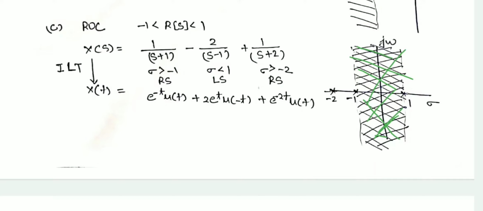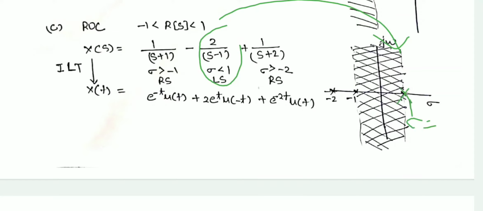When we consider it, it is possible when the signal which has the pole at 1 has a left sided ROC. So the signal with pole at 1 has ROC sigma less than 1.